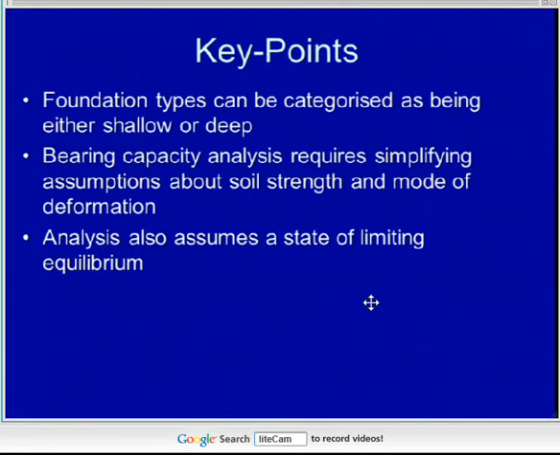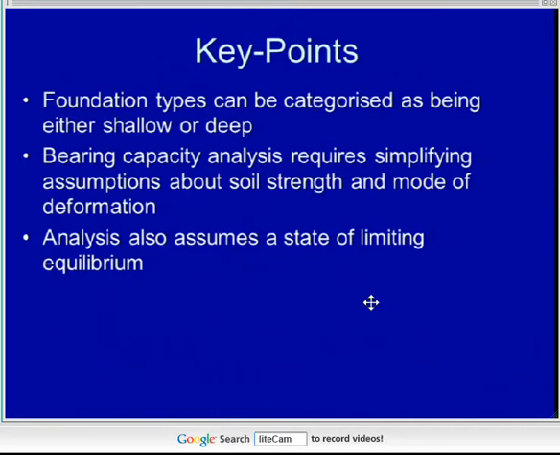But what we saw was we had to make a number of assumptions, the important ones being that the soil is rigid plastic, that the soil is uniform in the zone of the mechanism, and that there is a failure mechanism that forms when we load the foundation to failure.